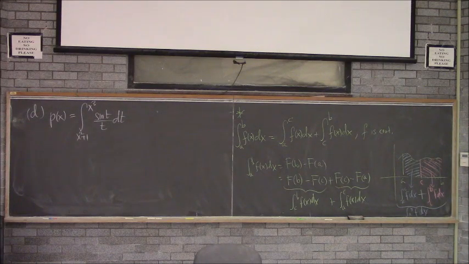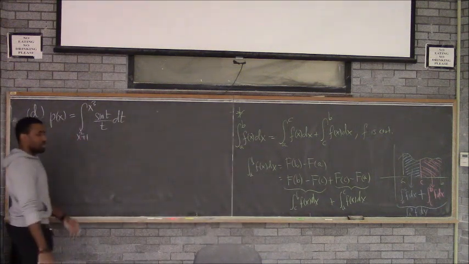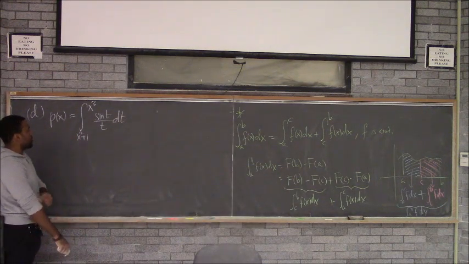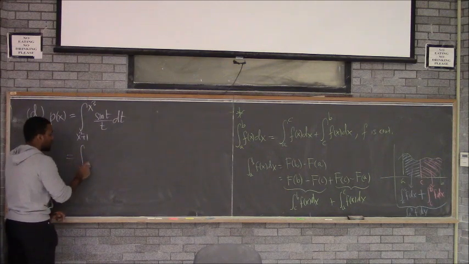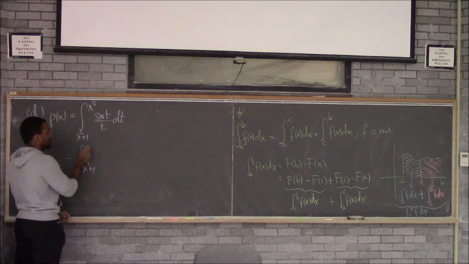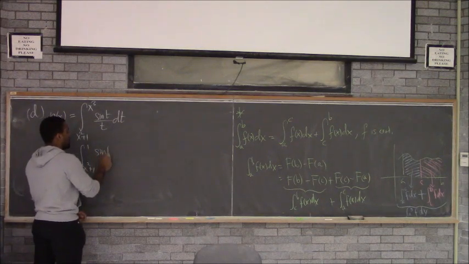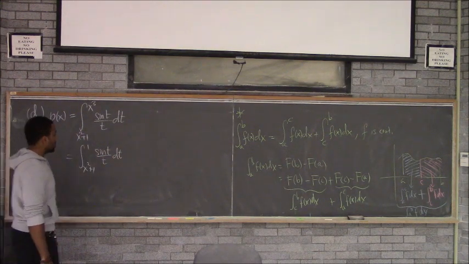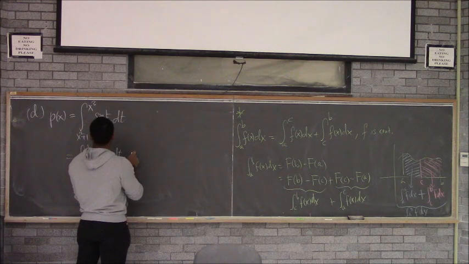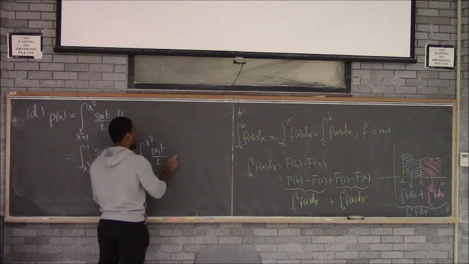So we can do that. How does that help us here? Well, to bring it back to the problem we wanted to solve, we can split this into two parts. I can go from x squared plus 1 up to some constant, let's say 1, of sine of t over t dt, plus, now go from 1 up to x cubed of sine of t over t dt.